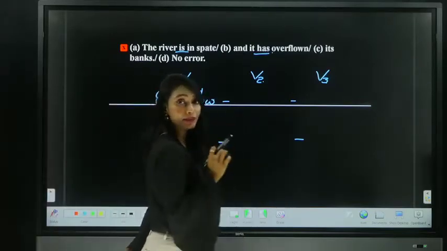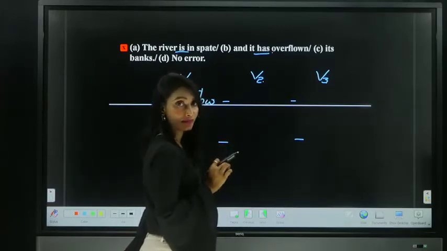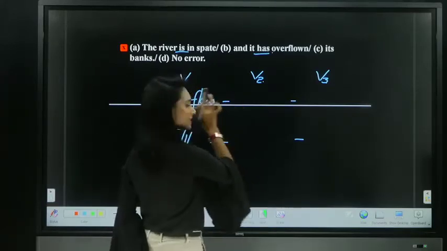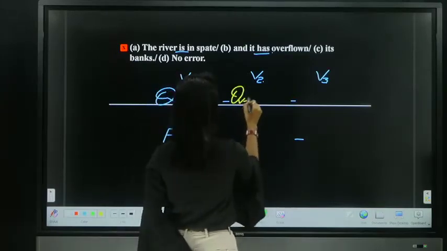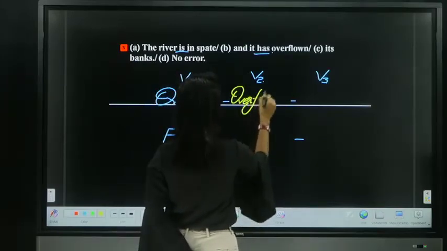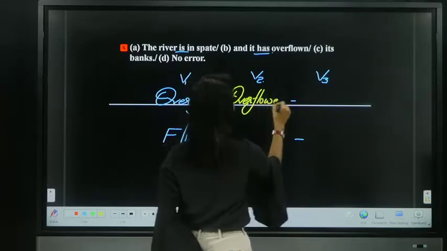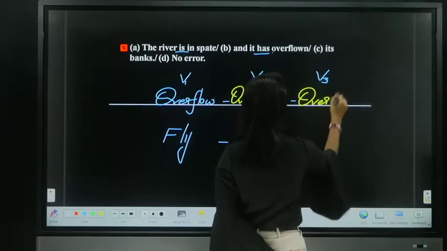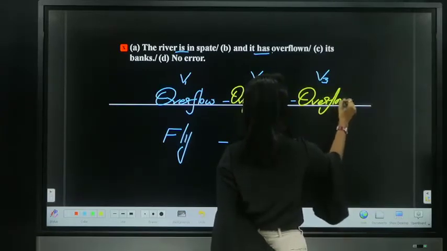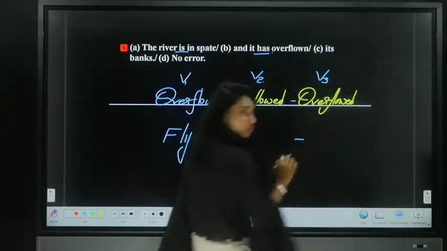So many people make mistakes here only. So for overflow, simply take flow. The V2 is overflowed and V3 overflowed. Flow, flowed, flowed.